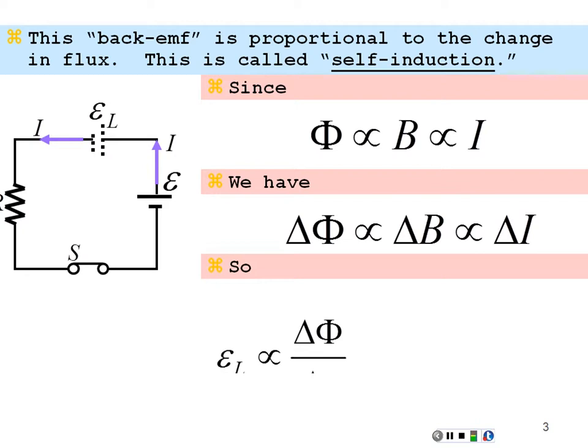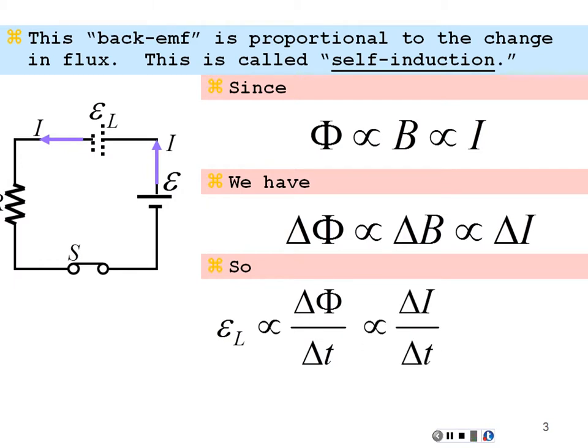So we can say then that our back EMF, our induced EMF, according to Faraday's Law, is proportional to the change in flux per time. And in turn, that is proportional to the change in current per time. So when the current is changing most rapidly, which is right after we close a switch, and it's going from 0 to something, that's when the back voltage, the back EMF, is at its greatest value, and at that moment is actually equal to the voltage of the battery, so that the current doesn't change instantaneously from 0 at that moment.